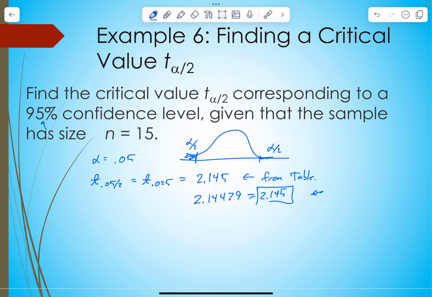So this one was from Excel. So I typed in t.inv 0.025, 14 and pressed enter and got out that.